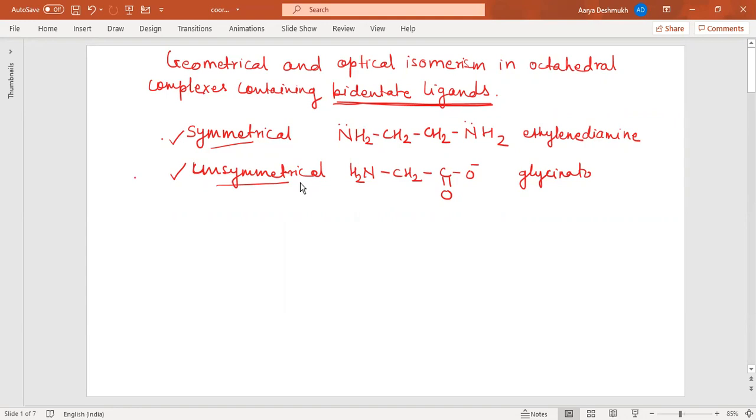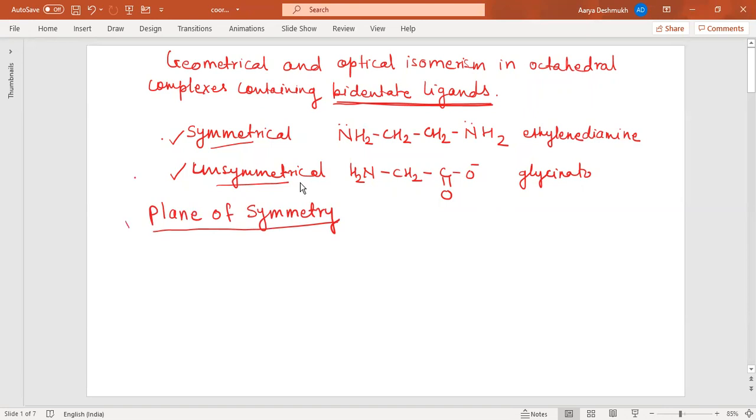Now for optical isomerism, we need to know about plane of symmetry. This plane of symmetry is very important here. It is one of the symmetry elements in stereochemistry. There are many others also, like axis of symmetry and so on. We will just focus on this symmetry element, which is actually discussed in group theory.